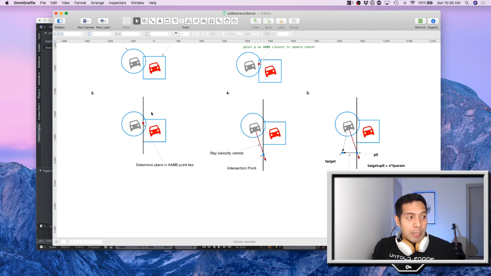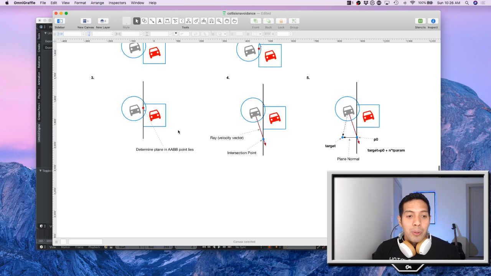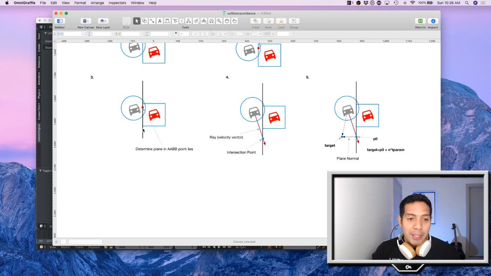Then all you do is compute the distance between the point and the particular plane you're looking for. Whenever you get a distance between the point and a particular plane that is very close to 0, then that's most likely your plane, the plane that the point is on.